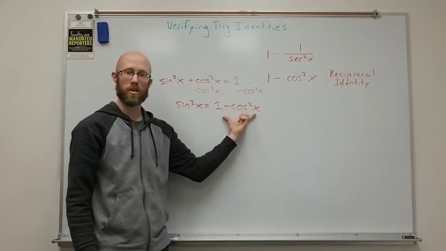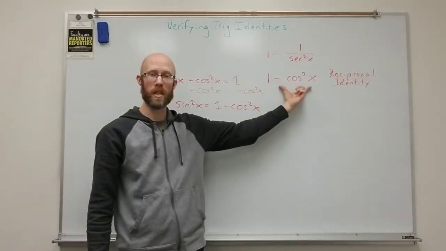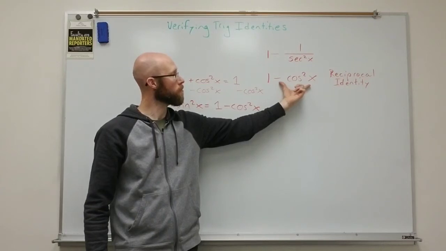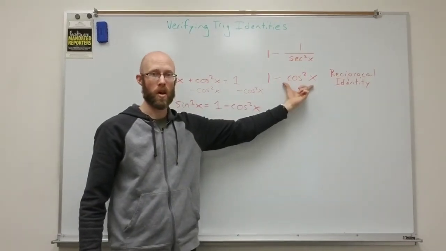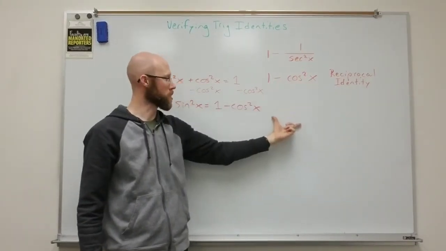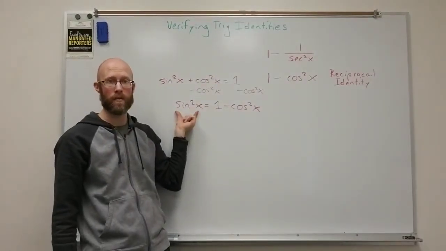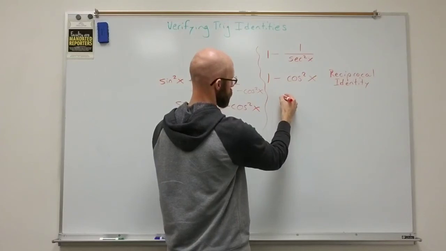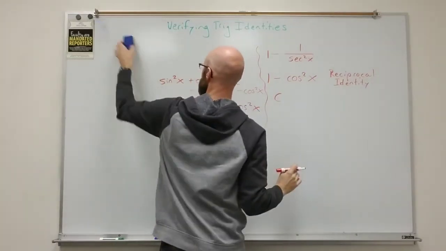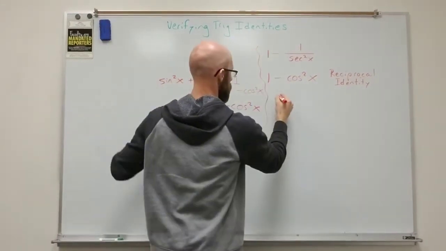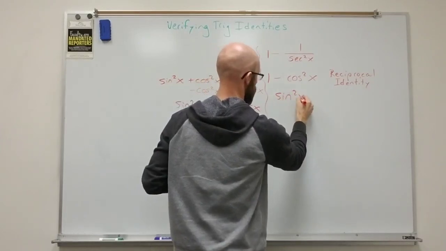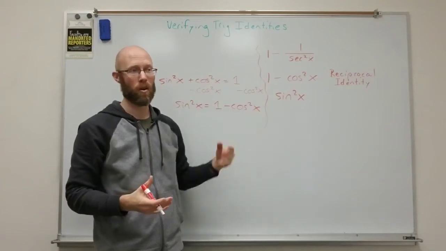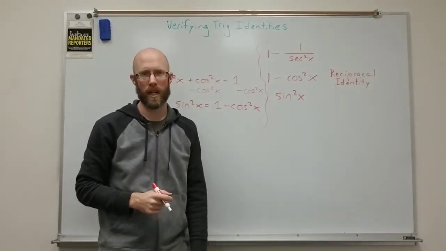Well, this 1 minus cosine squared happens to be our previous step in this problem here. So you can replace 1 minus the cosine squared with the sine squared, okay? So this is equal to the sine squared.